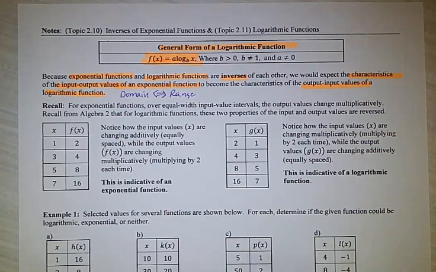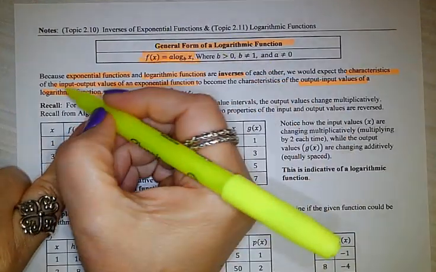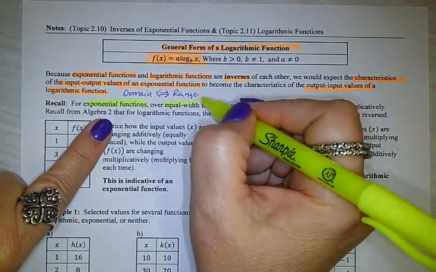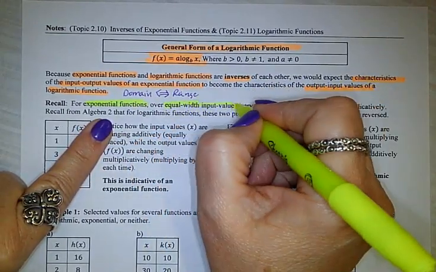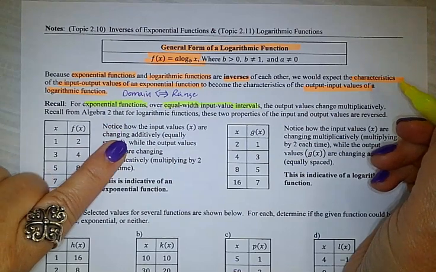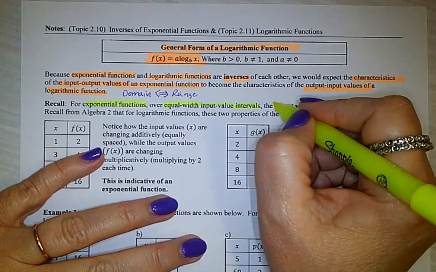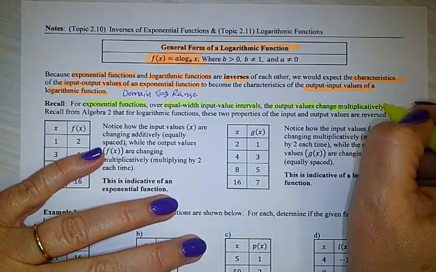Also recall from earlier lessons that when we talked about exponential functions, over equal width input value intervals, the output values have a multiplication to it. So the output values change multiplicatively.